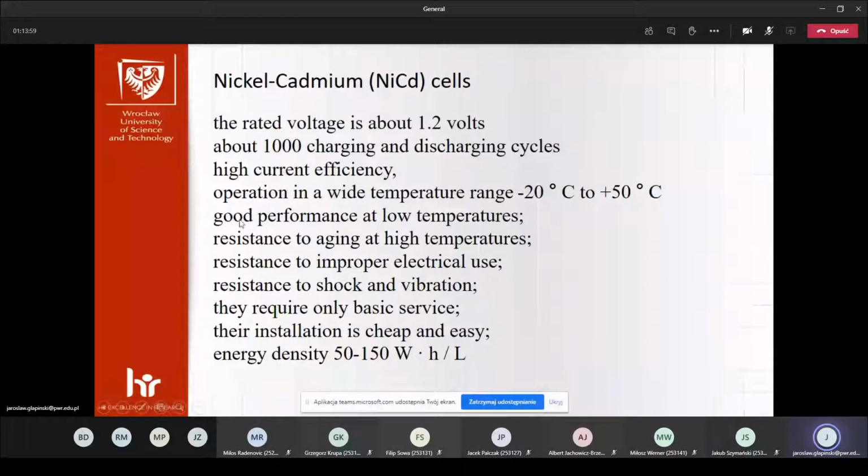it. So this kind of accumulator, we can charge and discharge about 1,000 times. Yes, so we can put the energy into the accumulator and discharge it with more or less high current efficiency.